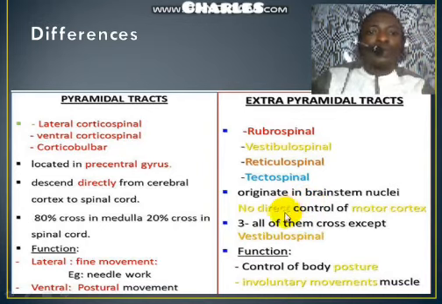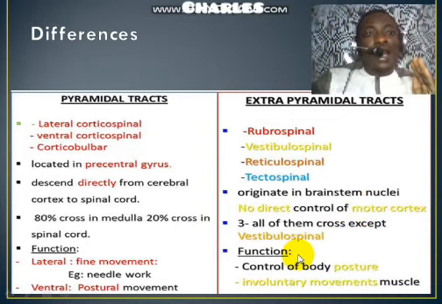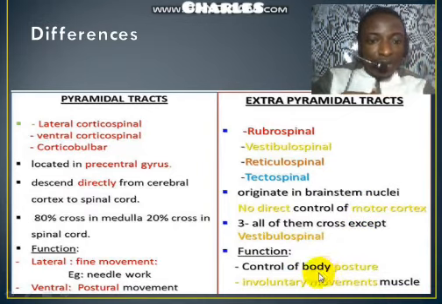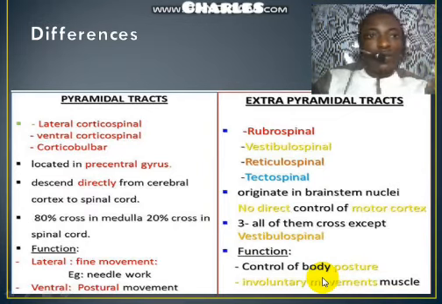No direct control from the motor cortex. The function of the extrapyramidal tract is that they are specifically important in the control of posture and postural adjustment. These tracts innervate the proximal limb muscles. They help us to maintain posture and balance during movement.